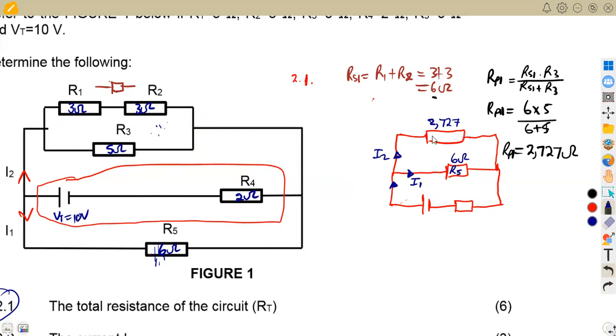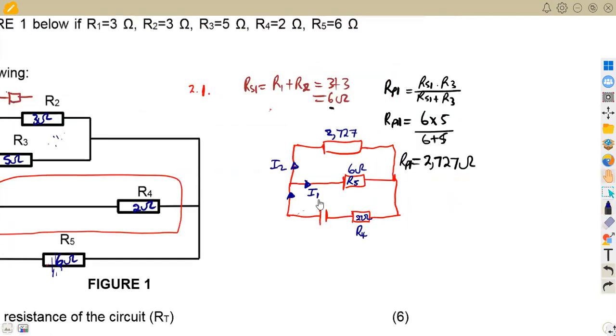So meaning to say we are going to calculate the parallel combination that we are now having from these two resistors that are left. Then whatever you're going to have, we have to add to R4, which is the 2 ohm resistor across the supply voltage. This one is the one that you are considering here.